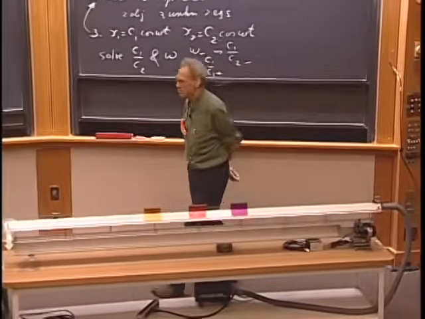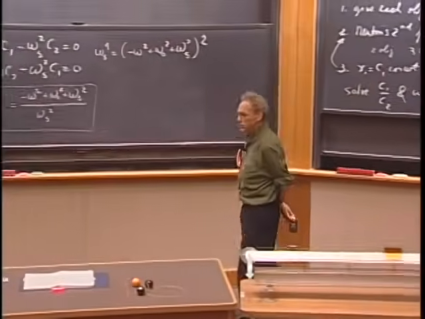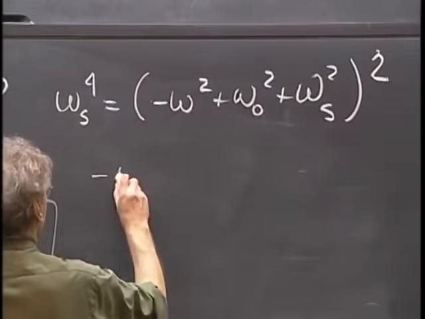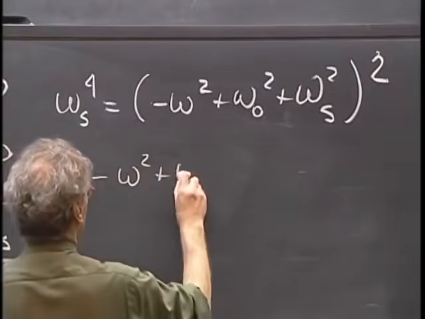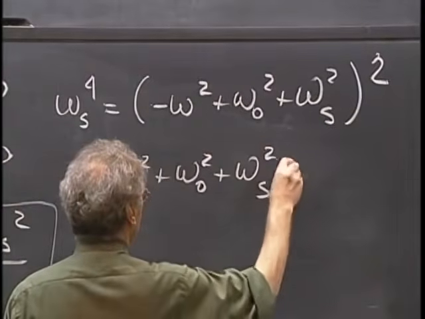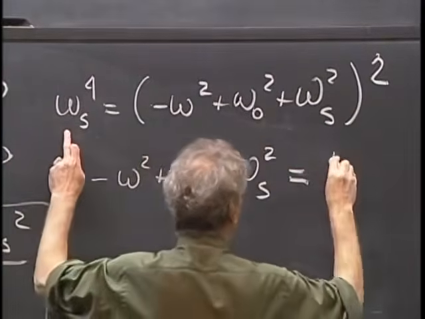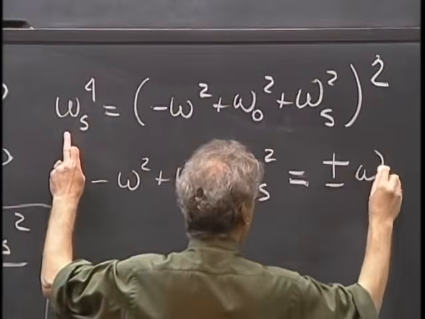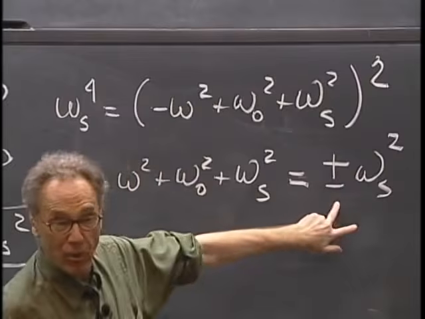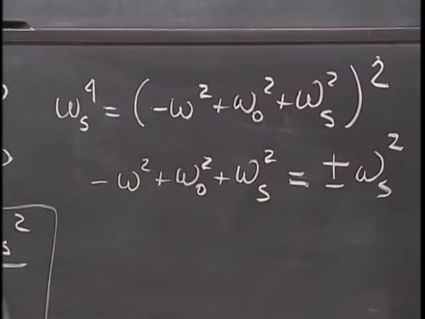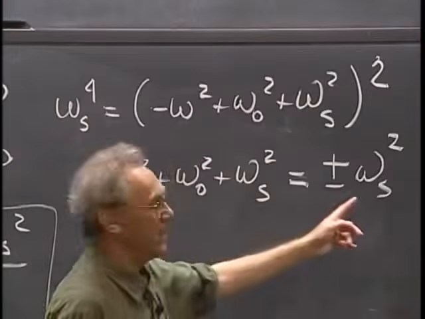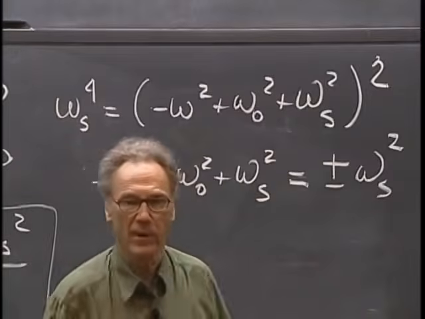Omega is the only unknown. Take the square root left and right. So I get minus omega squared plus omega 0 squared plus omega s squared equals plus or minus omega s squared. Do not forget the plus or minus, because the square root of omega s to the 4th is plus or minus omega s squared.